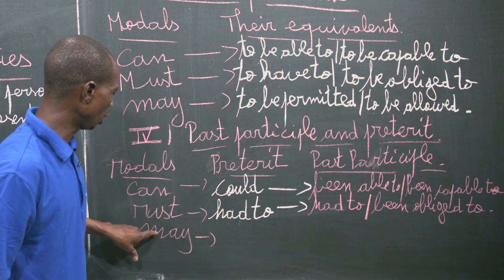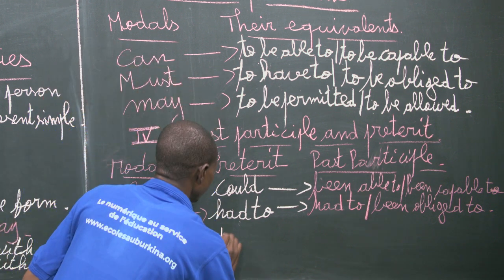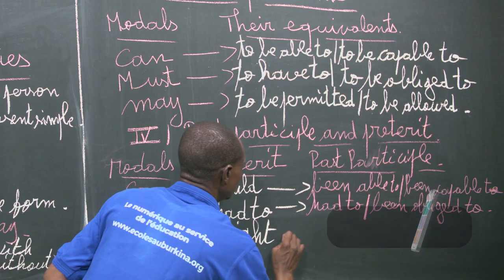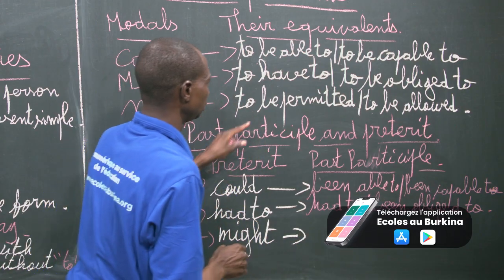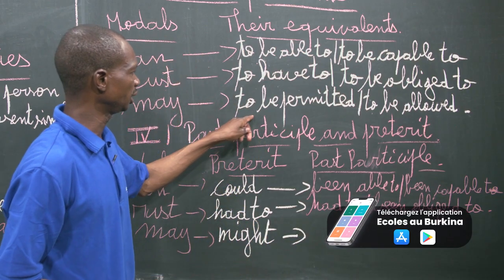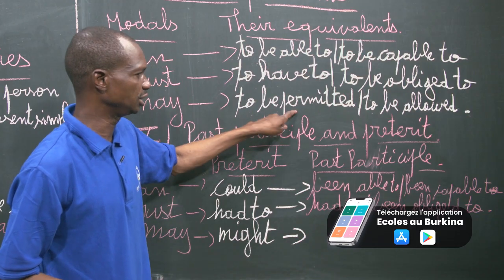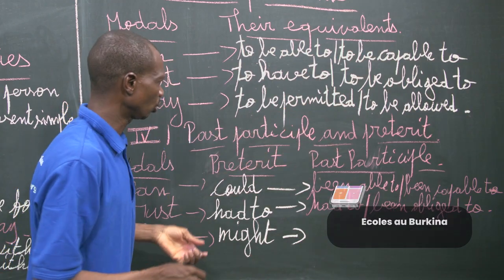And the preterite of may is might. And the past participle, we can use the equivalent to give the past participle: been permitted to or been allowed to.